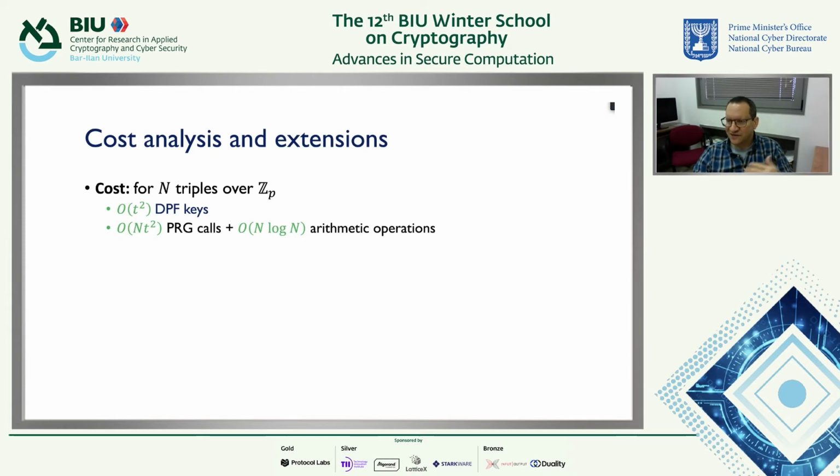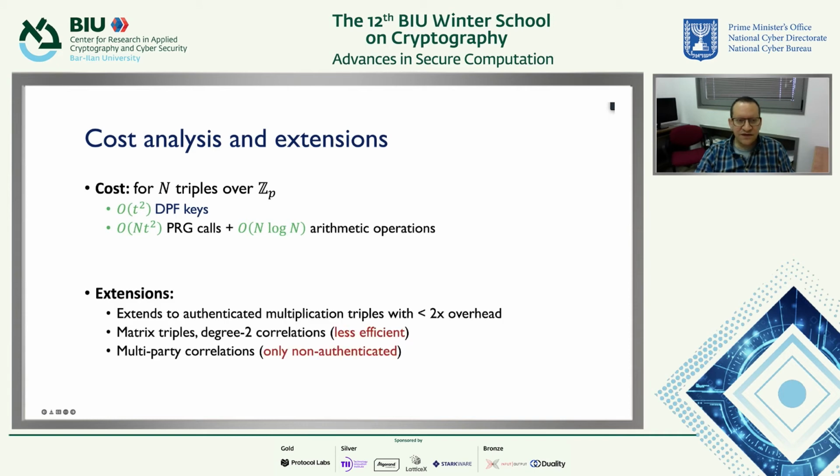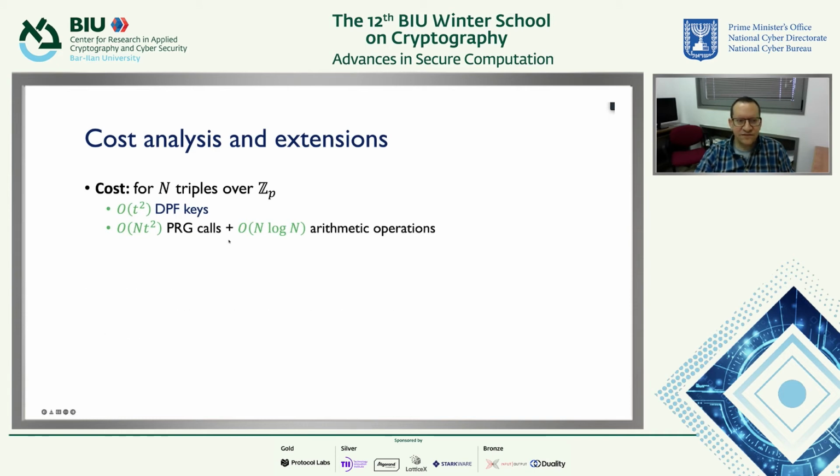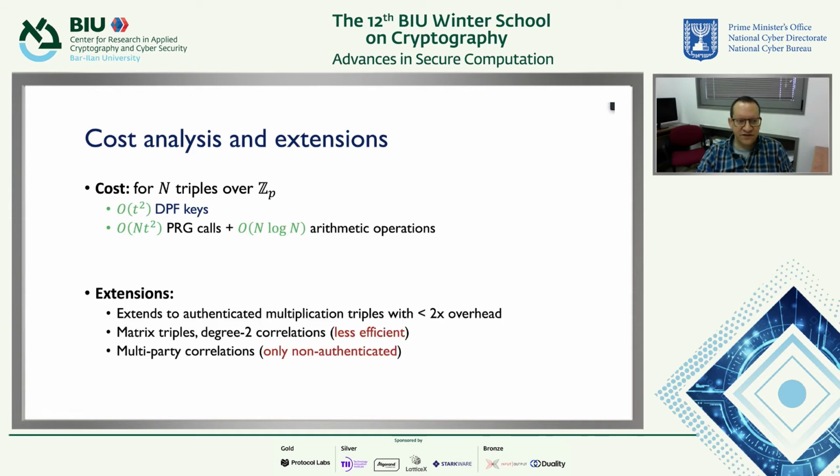So again, this is something that is done quite often in the context of LPN style assumptions. So for this type of noise distribution, we can shave a factor of T and get it in n times T PRG calls instead of n times T squared.